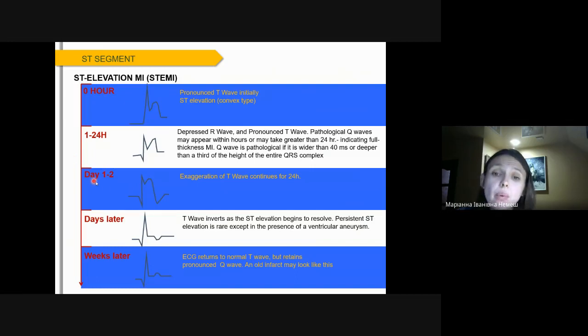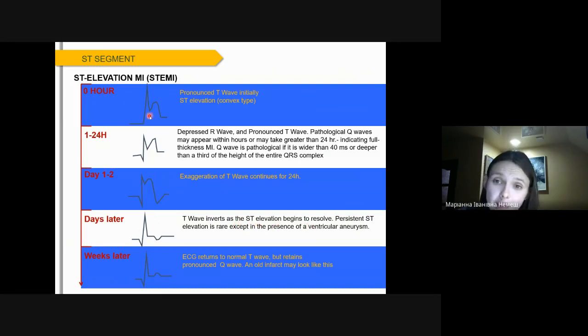On days 1 and 2 after the appearance of clinical symptoms and STEMI, you will see exaggeration of the T wave, which continues for 24 hours, and also very high ST elevation. Days later, the T wave inverts as the ST elevation begins to resolve.